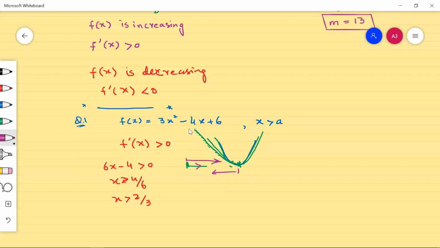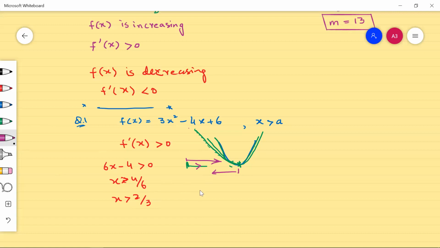So if you look at this, the function is decreasing, not at a constant rate, but it is a curve. A constant rate of change only stands for a linear equation. So this is the way we can find where the function f of x is decreasing.